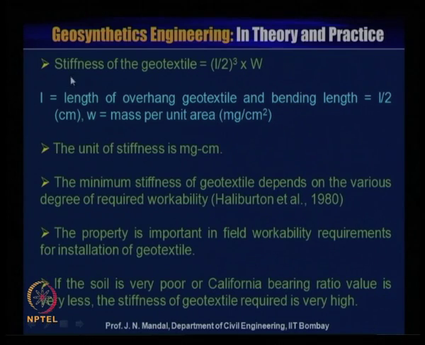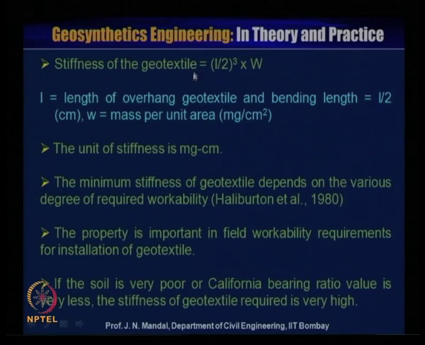Therefore, the unit of stiffness is mg centimeter. So do not get confused, we are talking about the stiffness of the geotextile material; the unit of stiffness of the geotextile is mg centimeter.